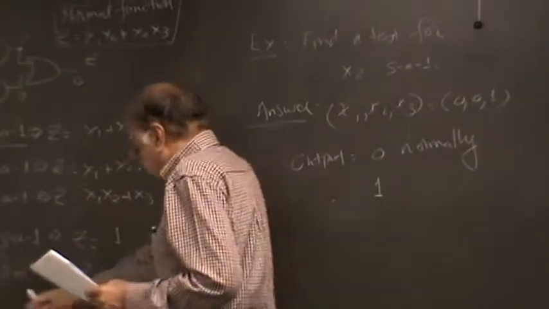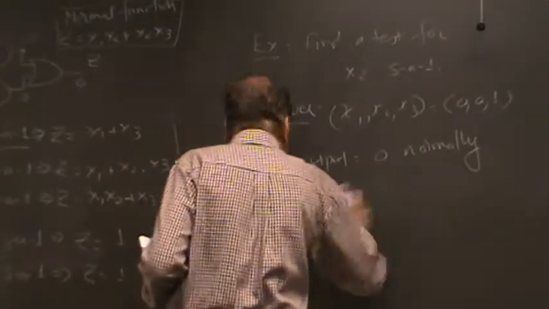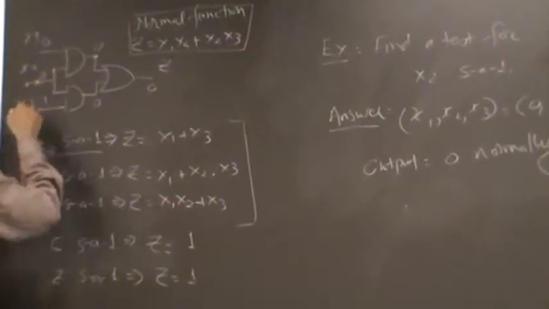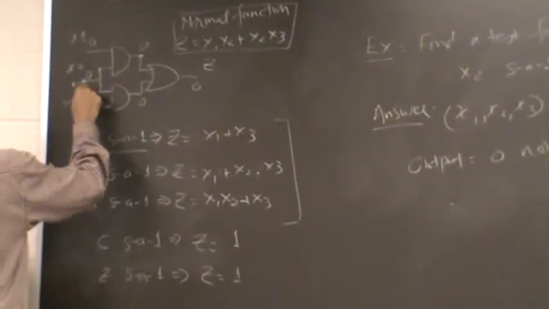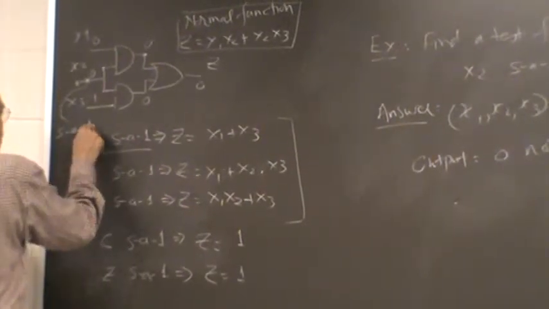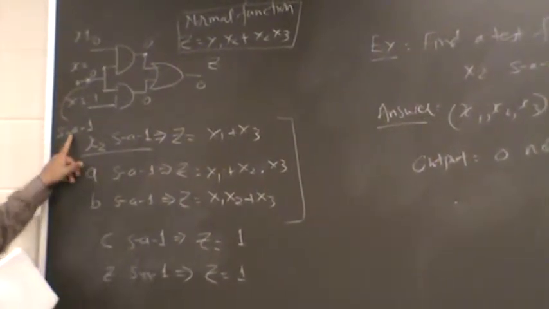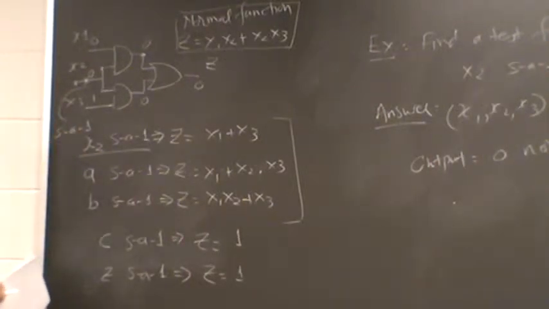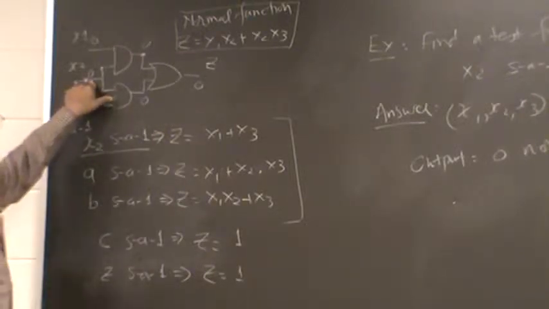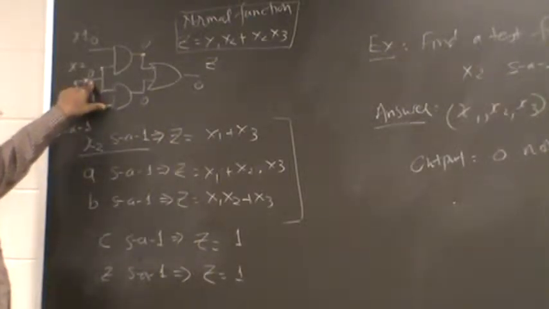Now we have to figure that out here. And what if the fault is there? If line x2 happens to be stuck at 1, this is a usual abbreviation, we'll say stuck at 1. So if line 2 is stuck at 1, then even though we are applying a 0 there, basically the line will behave as if it is always 1.